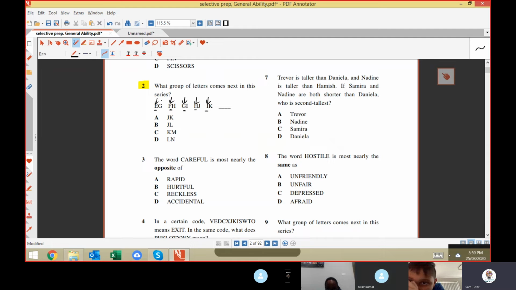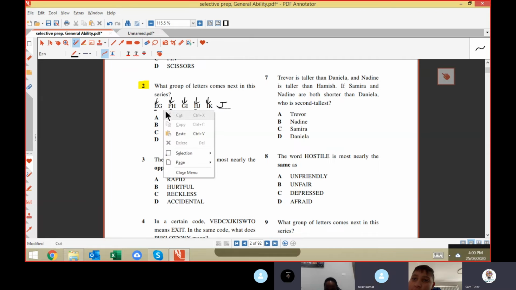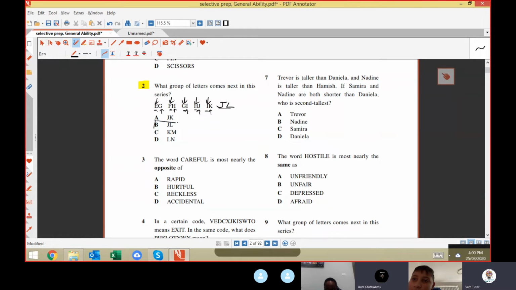So it's going E, F, G, H, I, which means the next one must be J. And the second letter is going G, H, I, J, K, L, which means our answer becomes J, L.